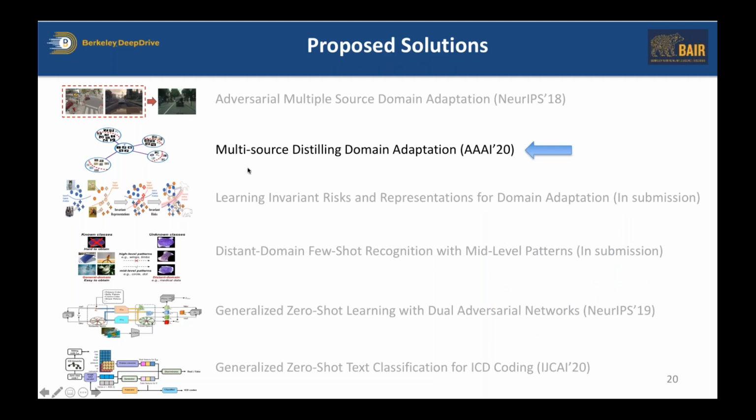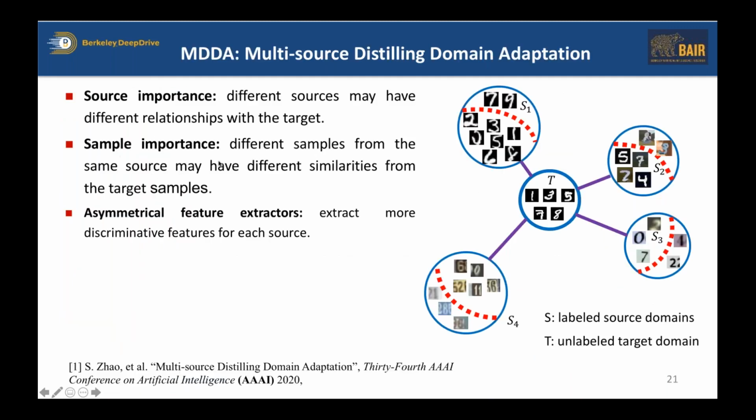Let me introduce our second work, Multisource Distilling Domain Adaptation. So the intuition is that we observe different sources may have different relationships with their target. And even within one source, different samples from the source may also have different similarities to the target samples.